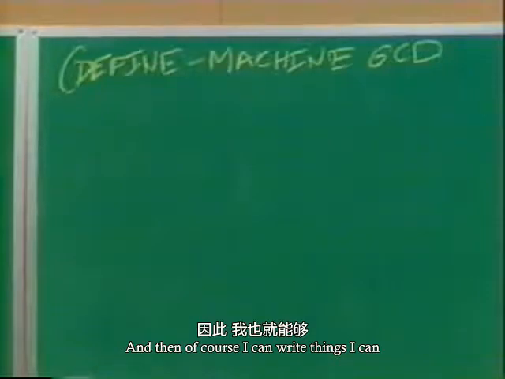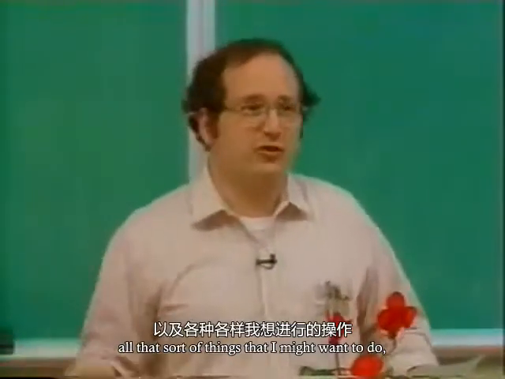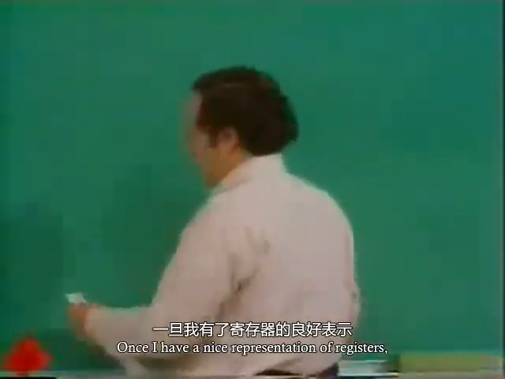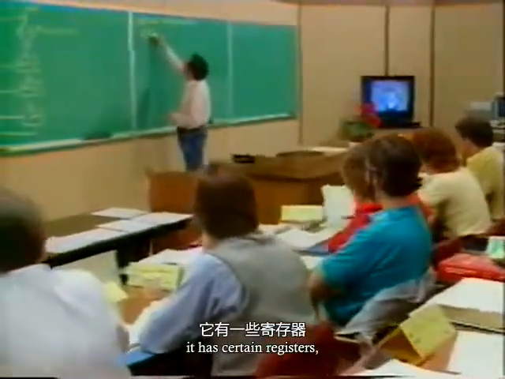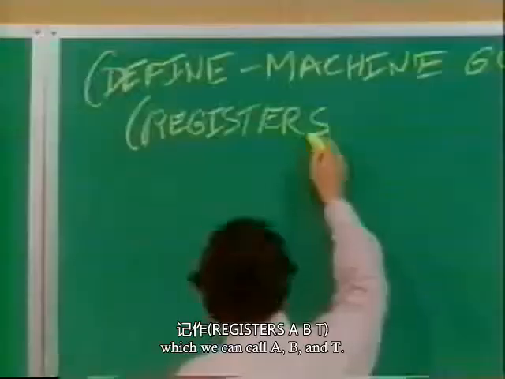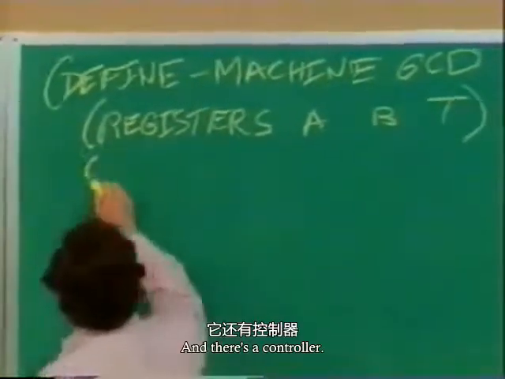And then, of course, I can write things that can algebraically manipulate these things, simulate them, all that sort of things I might want to do. Perhaps transform them into layout. Who knows? Once I have a nice representation of registers, it has certain registers, which we're going to call A, B, and T. And there's a controller.